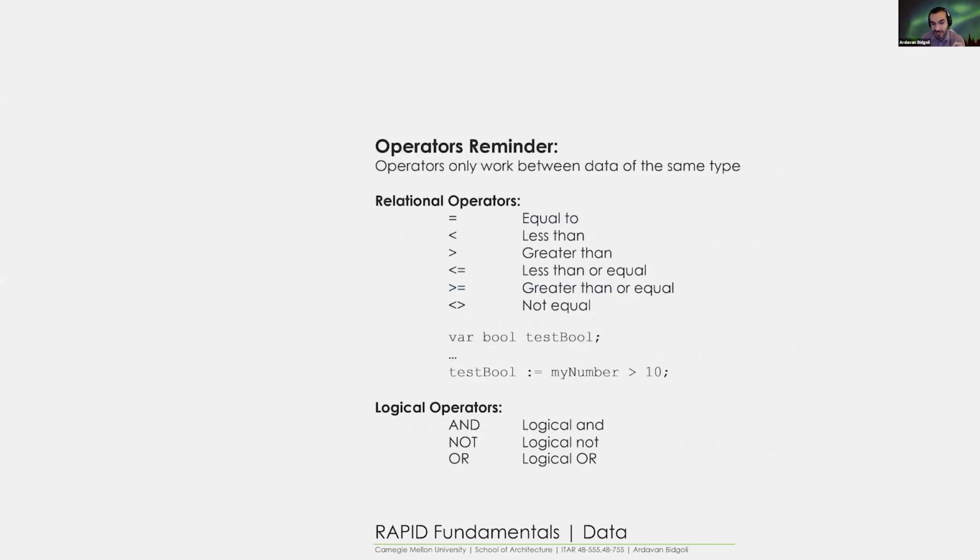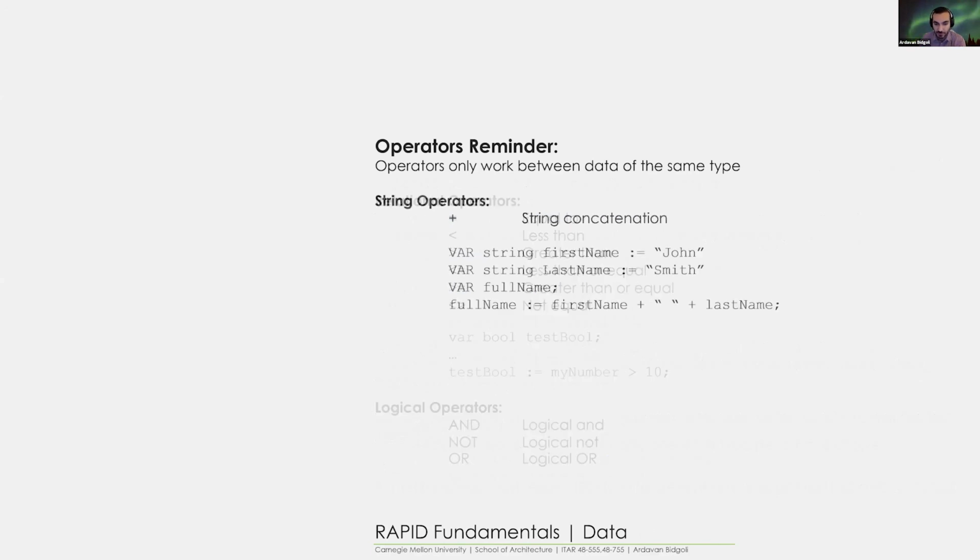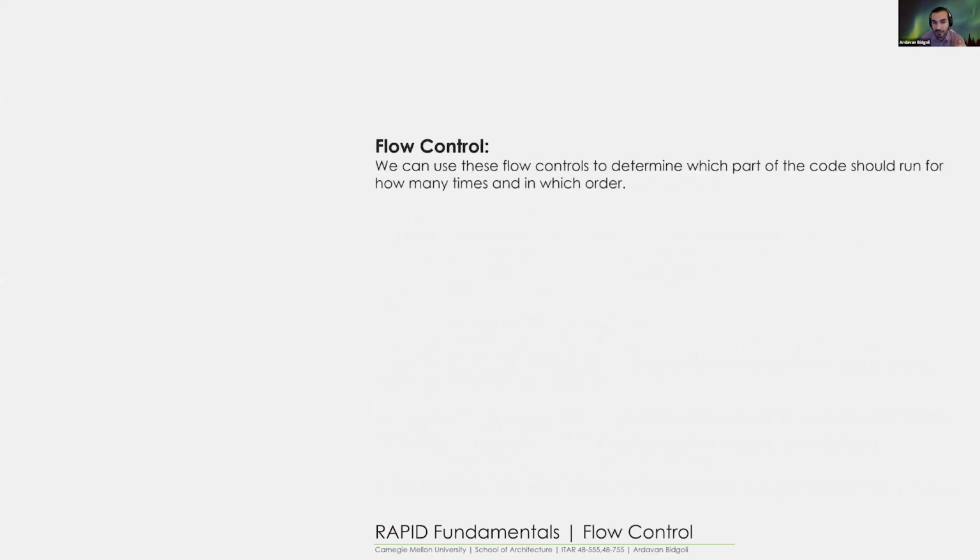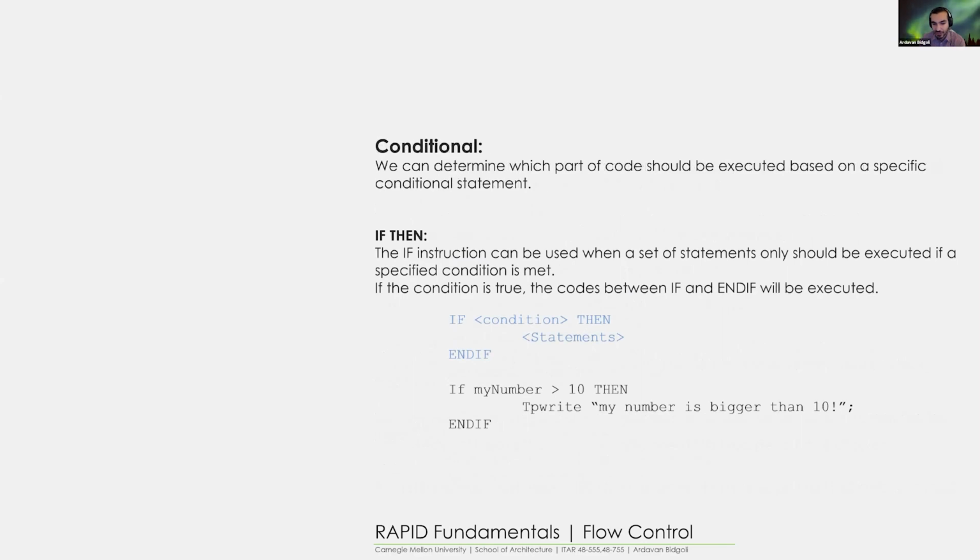My suggestion is, after this class, you have 1 week to go through this document and read it. Then in the next lab session, we are going to have more advanced programming. But for now, my suggestion is to follow me and see how we can program the robot to do that task using this RAPID programming language.